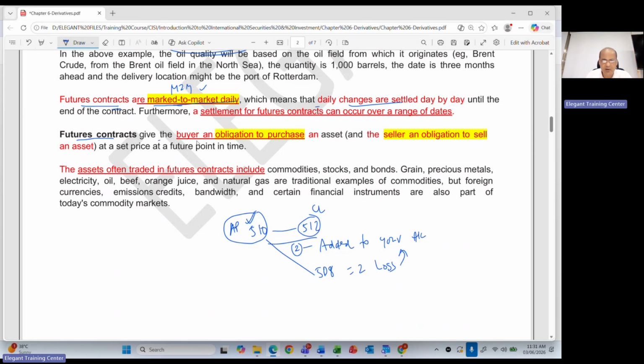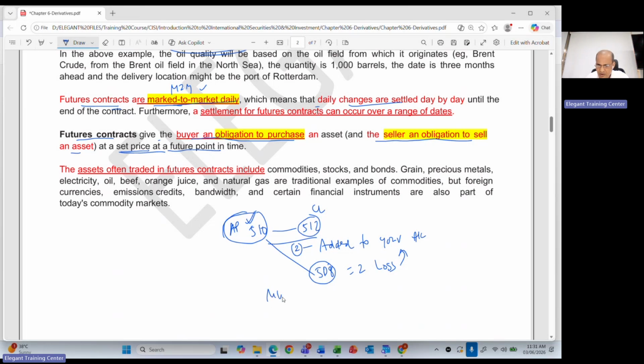Future contracts give the buyer an obligation to purchase and the seller an obligation to sell an asset at a price decided now, but delivery at a future point in time. So if you buy a gold future, suppose 510 was the agreed price. Now the price became 508.